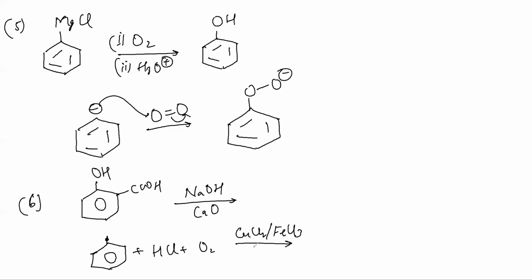And this is one industrial method. COOH will be gone because it is soda lime. So we will get phenol here by decarboxylation.